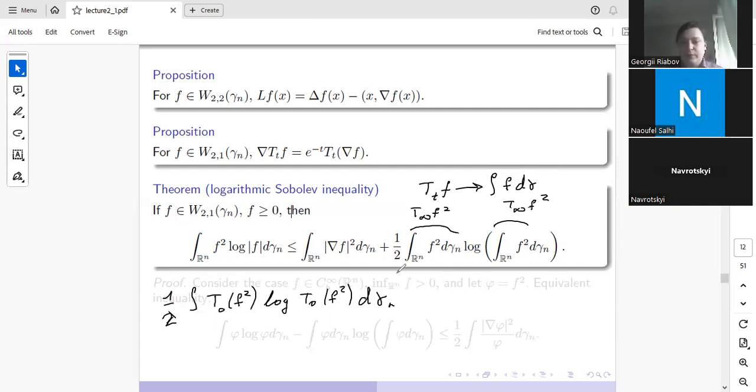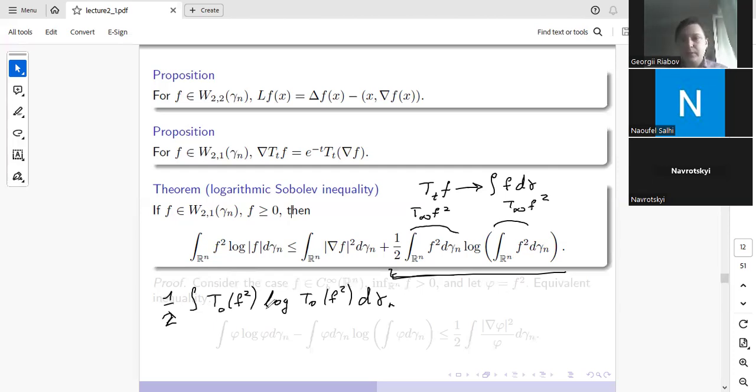And now if we put this product into the left side, we get the difference of the same function at 0 and at infinity.